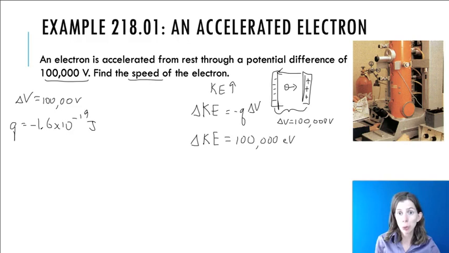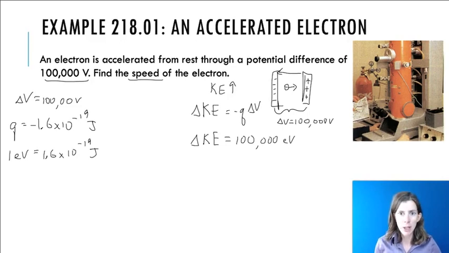Now, we actually do need the answer in joules. So we can just convert from eVs to joules since we already have our answer in eVs. And remember, we saw in the video that we have the conversion factor. I'll put it here. 1 eV is 1.6 times 10 to the negative 19 joules.